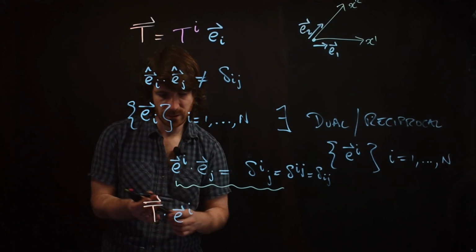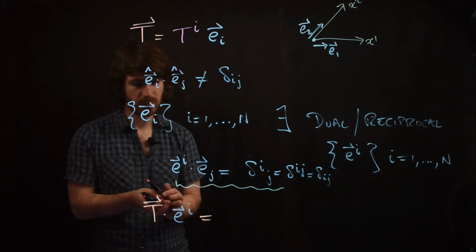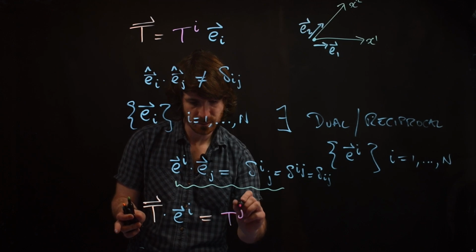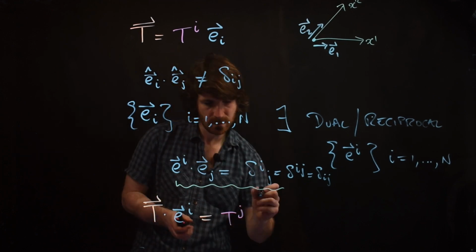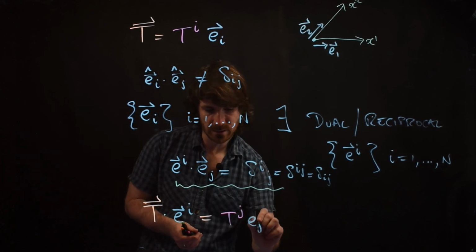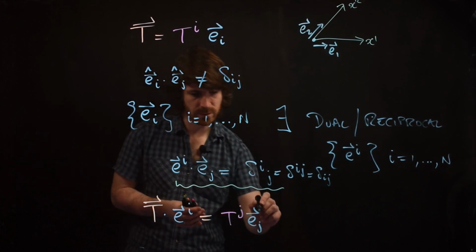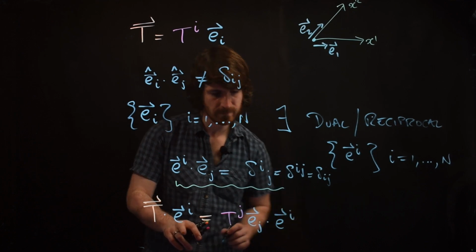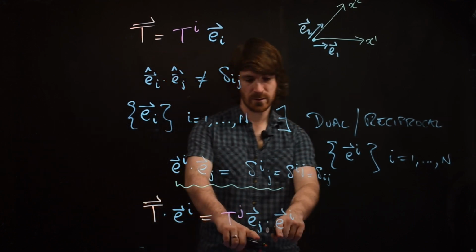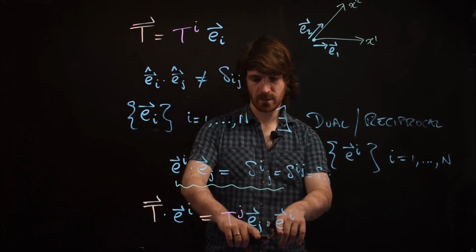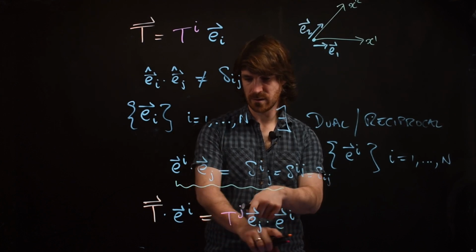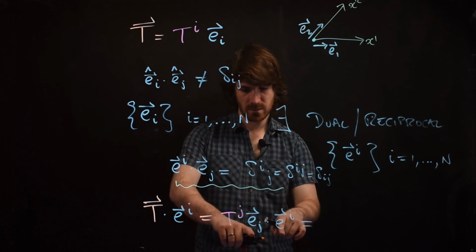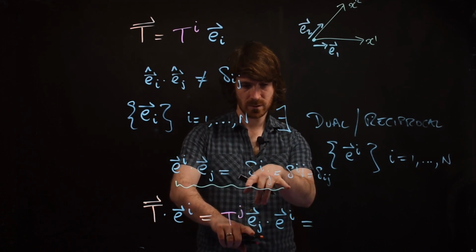So this is equal to the vector t, which is t^j, the natural basis vector e_j, dotted with the dual basis vector e^i. We know from the line above that it doesn't matter which order these are in, so we can swap the order.